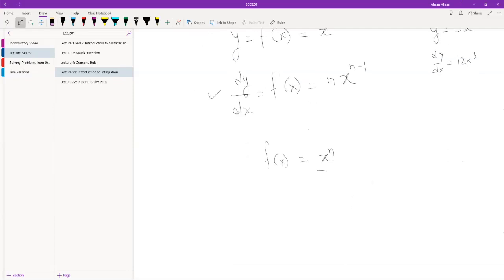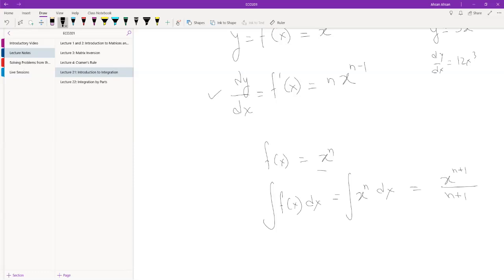This is the symbol for integration, which looks like a stretched, elongated S. We want to integrate the function with respect to dx, or with respect to x. The formula for this is x to the power n plus 1 divided by n plus 1.